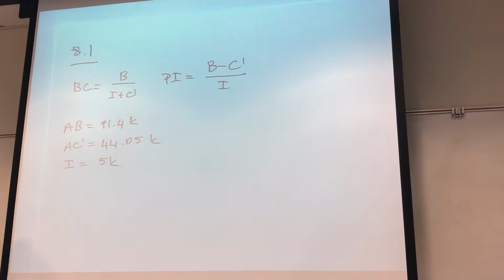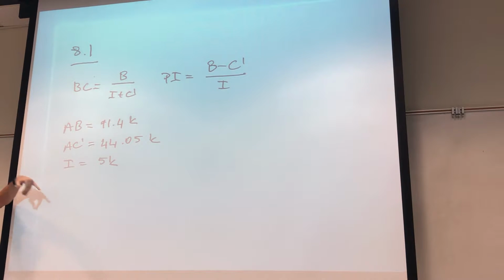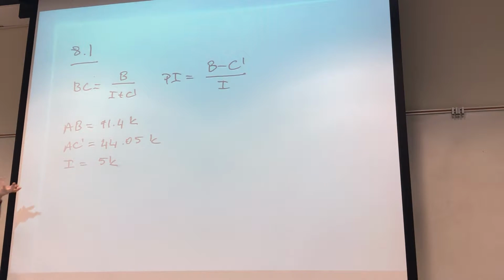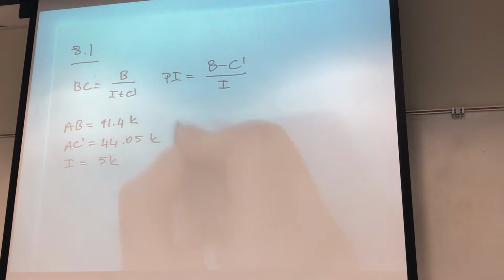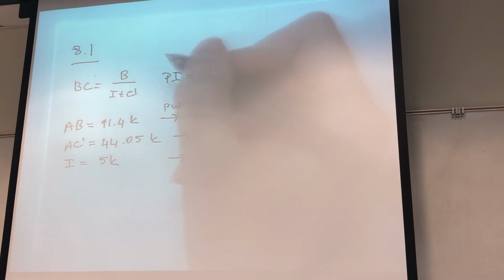This is already 5K. This is 91.4 times P of A, i equals 9, N equals 7, right? And this is 44.05K P of A, 9% of 7.